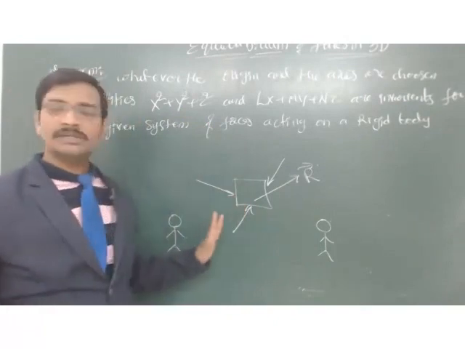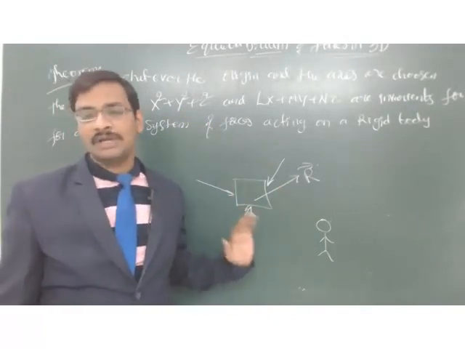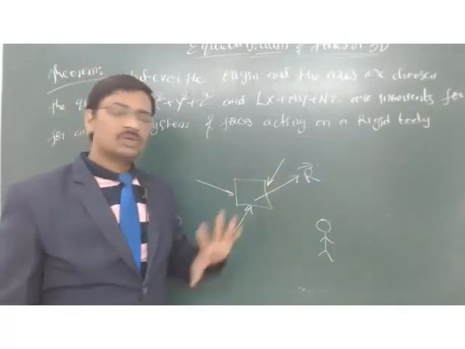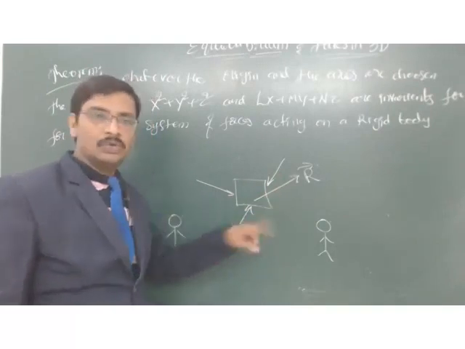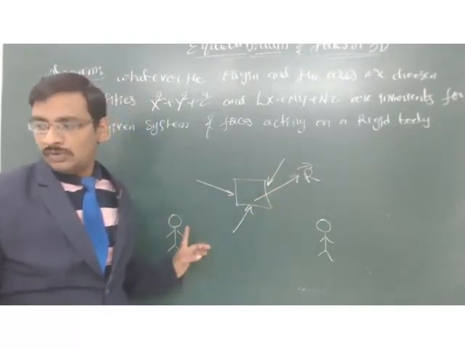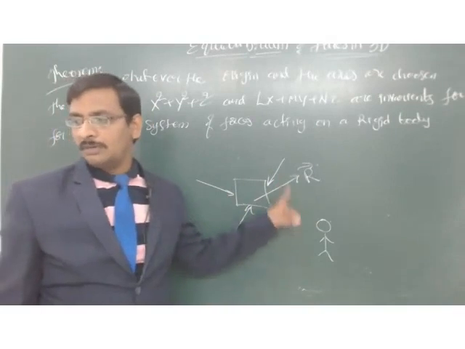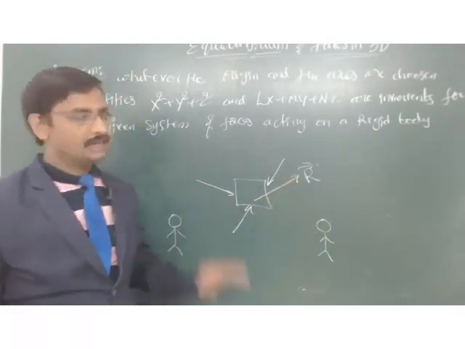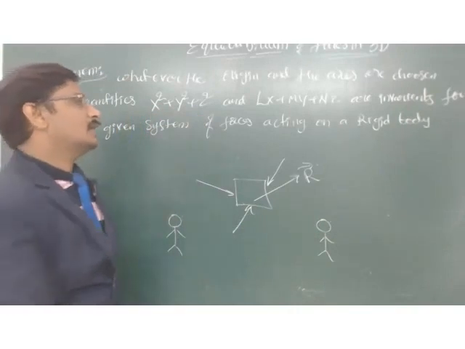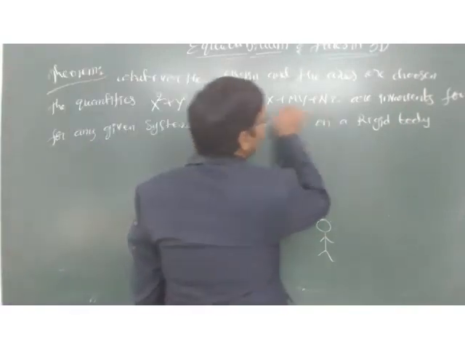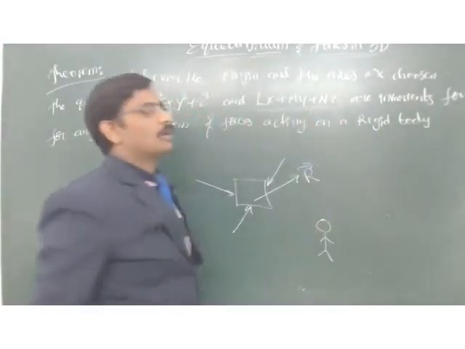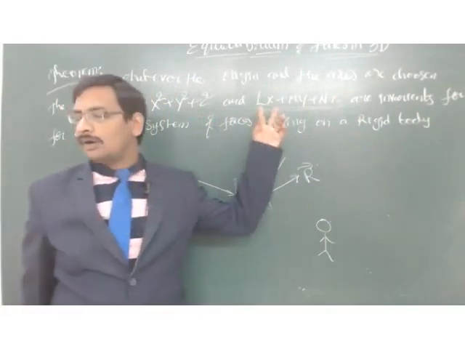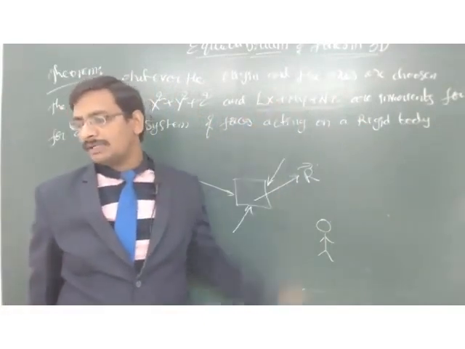Irrespective of the origin and the coordinate axis directions you select, this magnitude won't change, but the way you interpret it is different. You are looking from here and you are looking from here, but this will not have any effect whatever the way you select it, right? So that is the first statement. And there is one more quantity, Lx plus My plus Nz, which is the dot product of the moment and the resultant force.